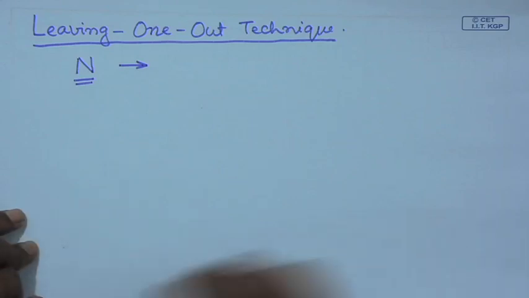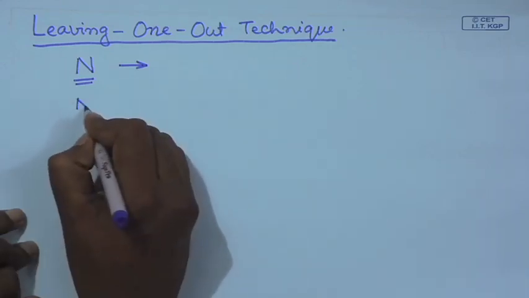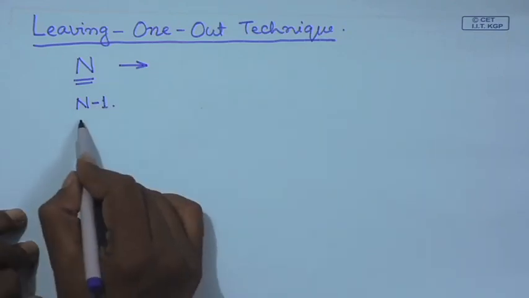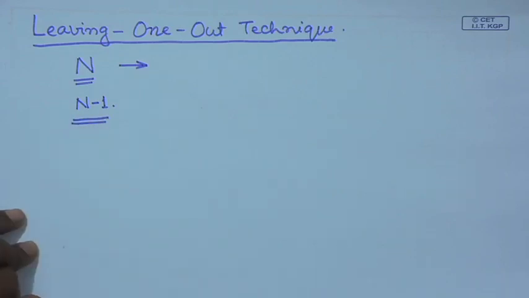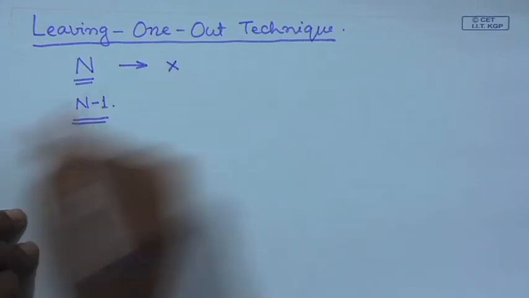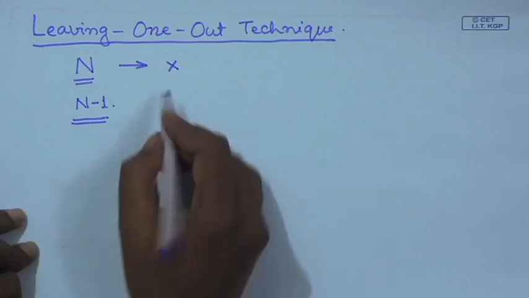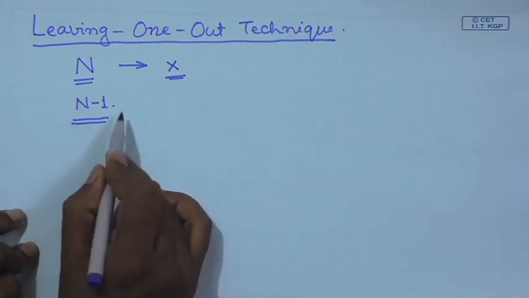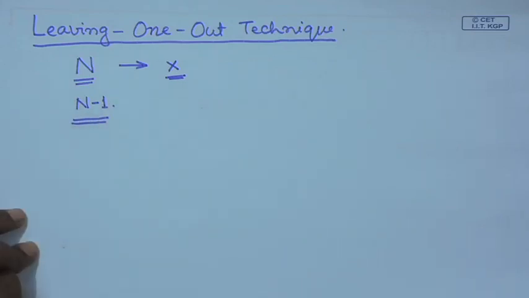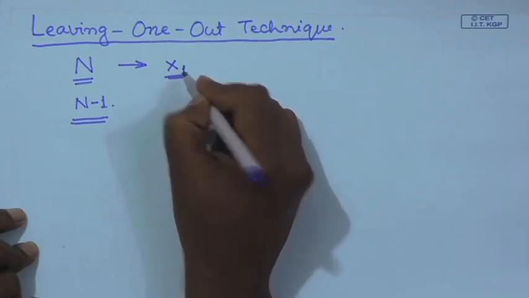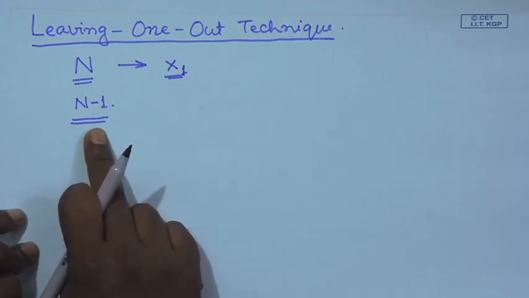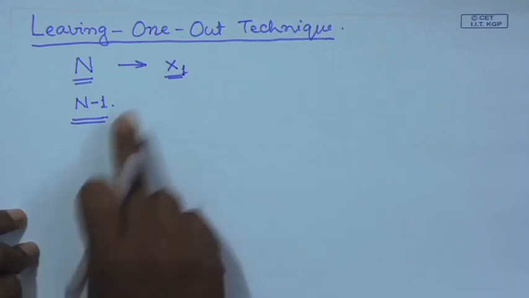If I set aside one of the training samples, I am left with n minus 1 training samples. You design your classifier using these n minus 1 training samples, and the sample, say x, which you had left aside, you use for testing the classifier. Suppose this is x1 which I had left aside; using all the samples other than x1, I train my classifier and use x1 to test the classifier.